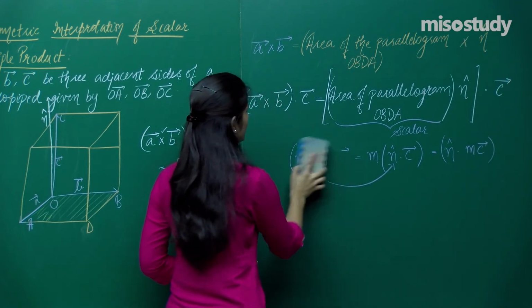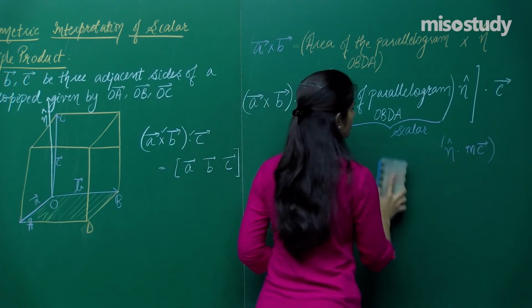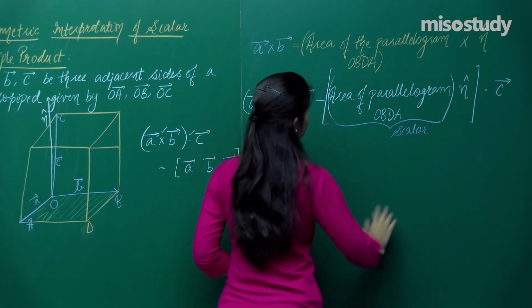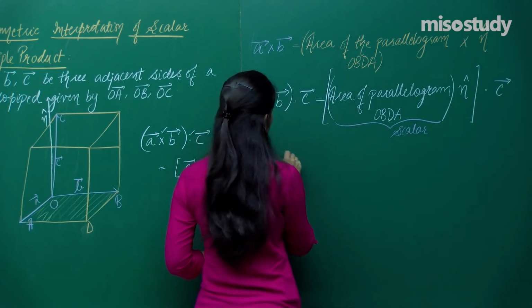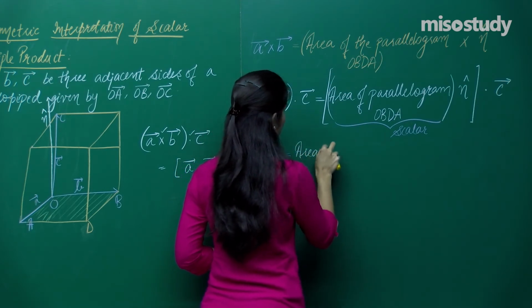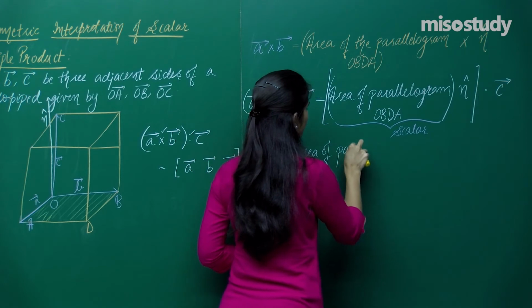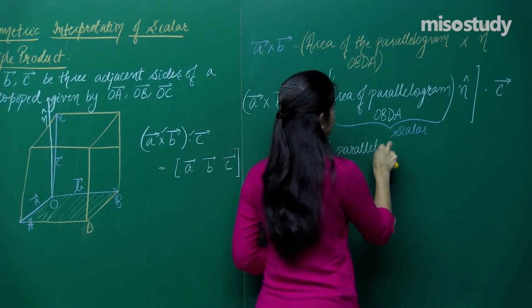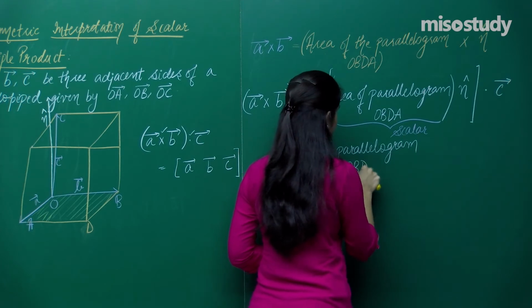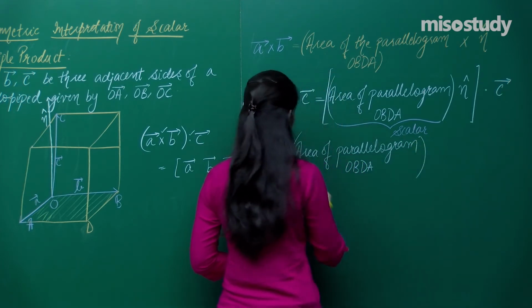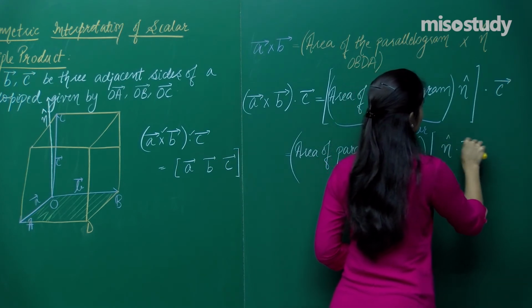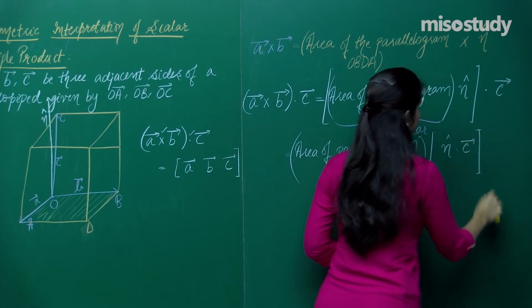And because this is just a scalar, I can keep it outside. I am going to get area of parallelogram OBDA times n cap dot C vector.